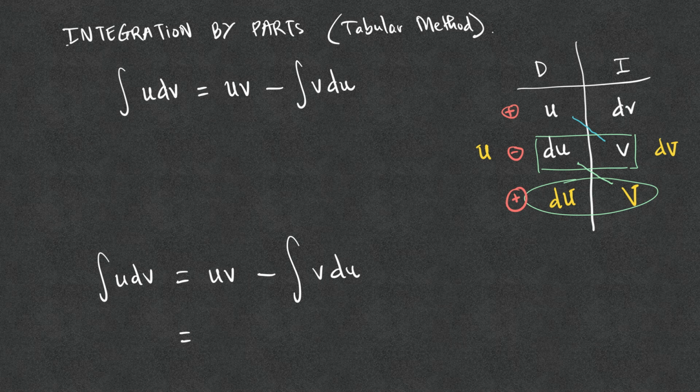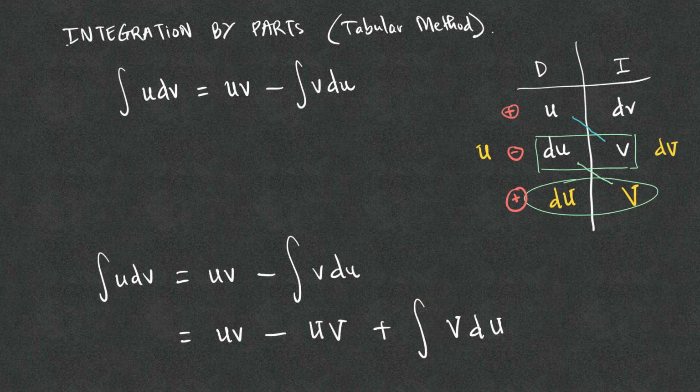But alternatively, it can also be written as uv minus uppercase U times uppercase V plus, remember we alternate the sign here, the integral of uppercase V d uppercase U. One more time, the answer will be uv, multiply the two diagonally, and with the last row, we simply multiply them and put them inside the integral sign.